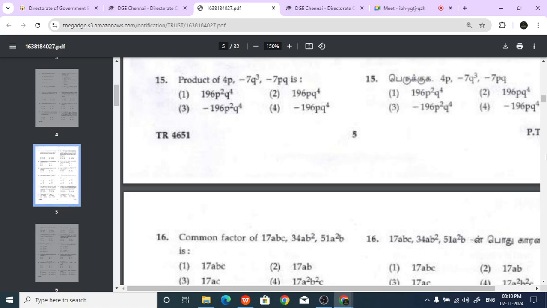Are you able to understand? Yes, sir. Then the answer will be either option 1 or 2. One p and another p, so p square has to come. When you multiply, you will get p square. So what is the answer now? Option 1 is the right answer.